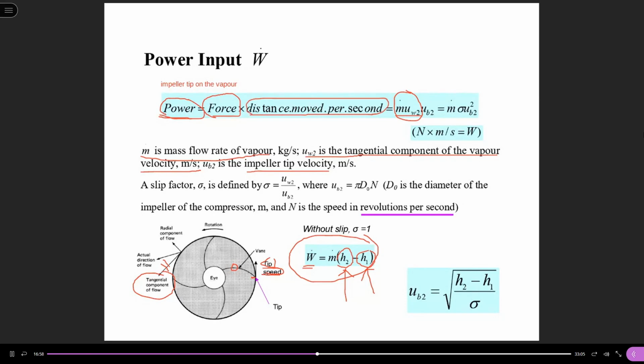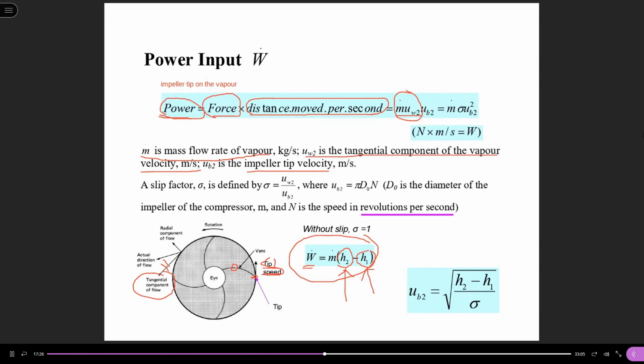So that means, because it's the power of the impeller tip on the vapor, this is the effective force times the movement distance per second of the impeller tip, which is the impeller tip velocity.